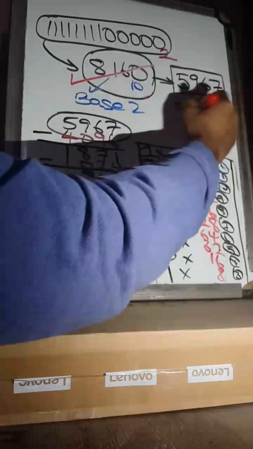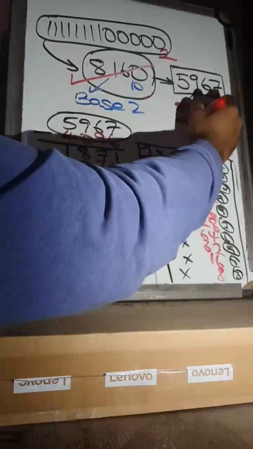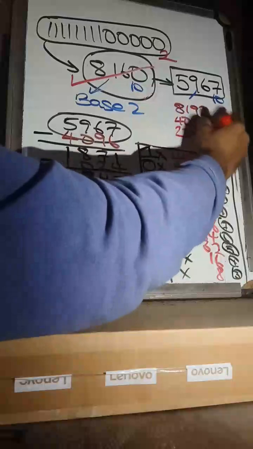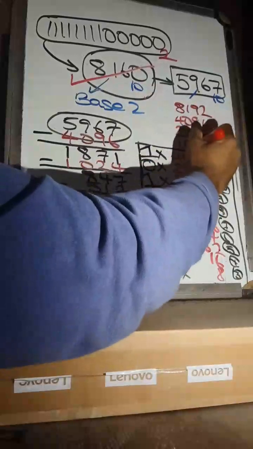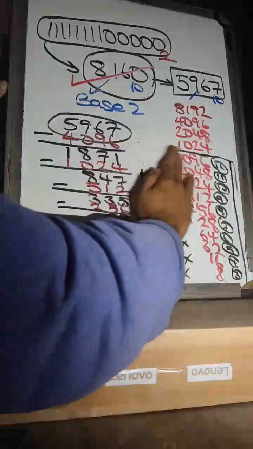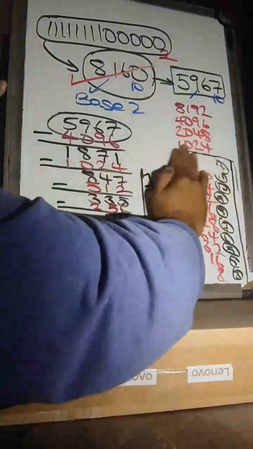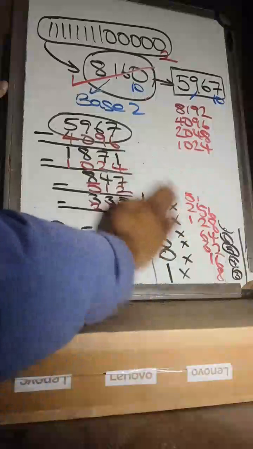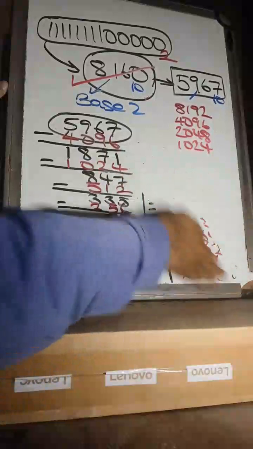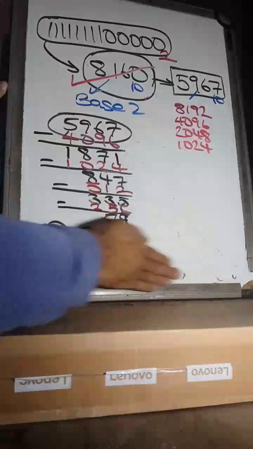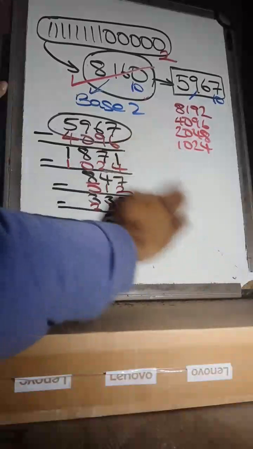So we have 8,192 here, 4,096, 2048, 1,024, and then let's write it over so that we have everything we need.